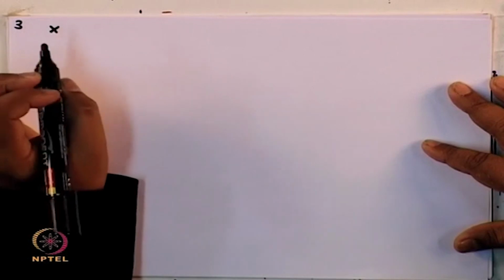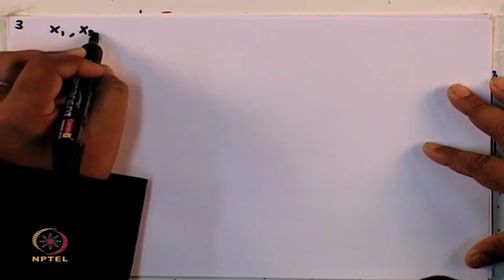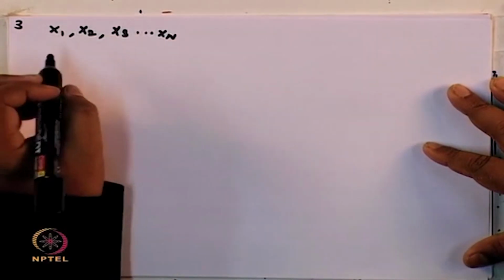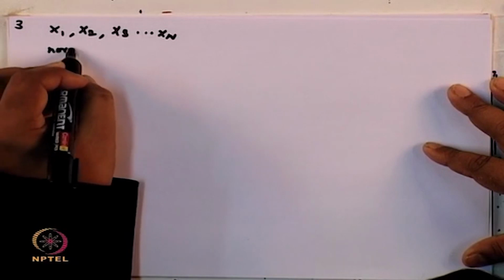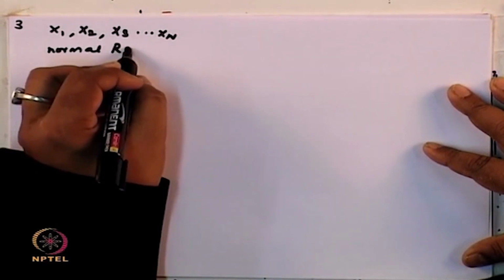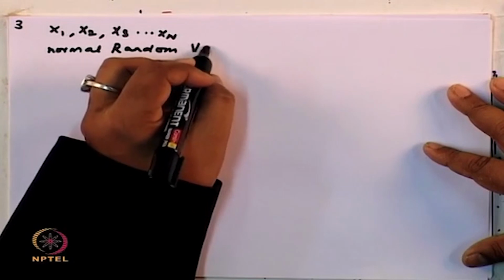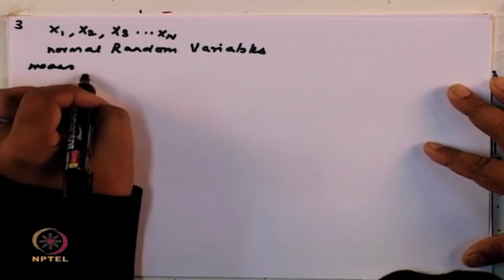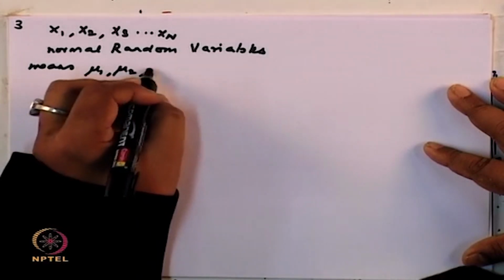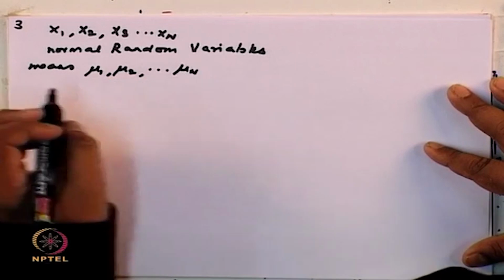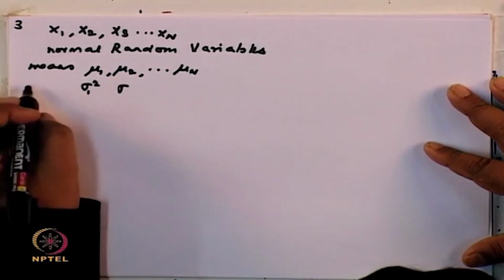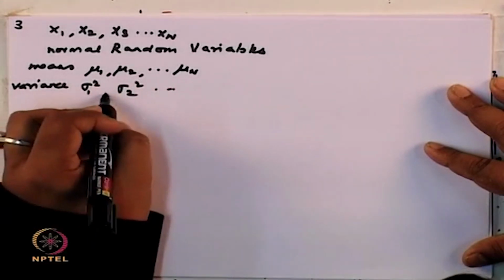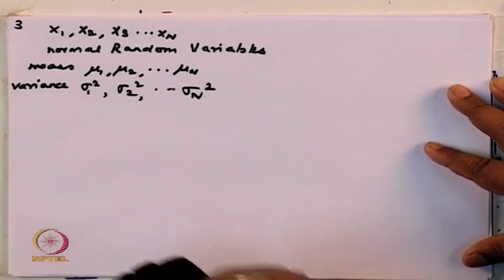So, if you have random variables x1, x2, x3 dot dot dot xn, which are all normal random variables, with means of mu1, mu2, dot dot mu n and variances sigma 1 square, sigma 2 square, dot dot sigma n square.